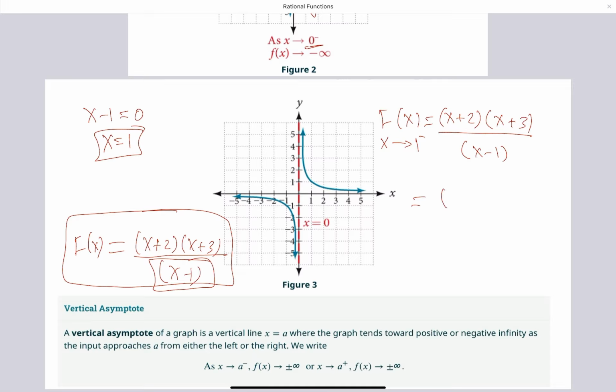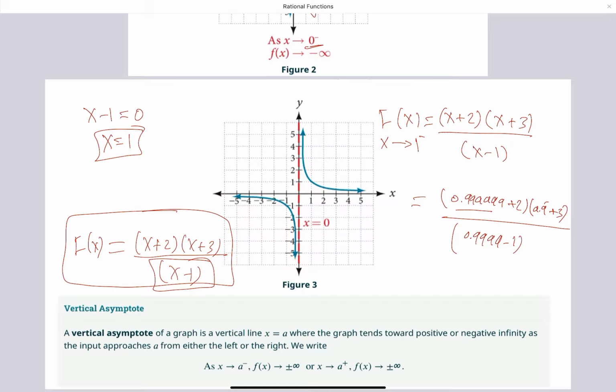Pull out a calculator and simply plug in what is 1 minus? Well, it's simply 0.99999999, right? Plus 2 multiplied by this number, plus 3, divided by, you plug in this number as well, and then you subtract 1.